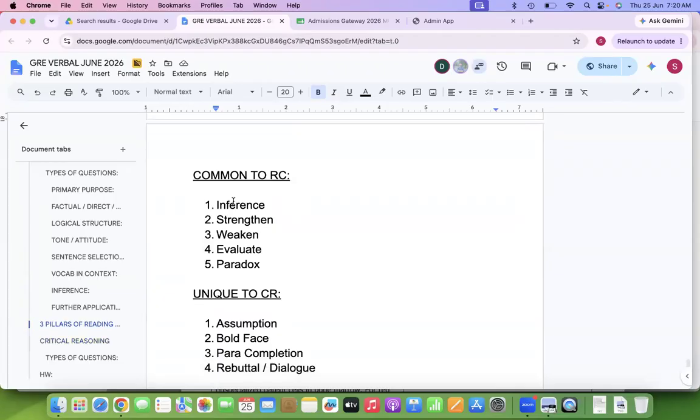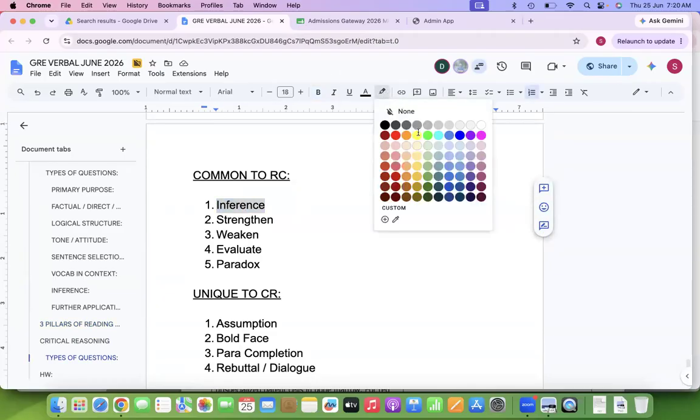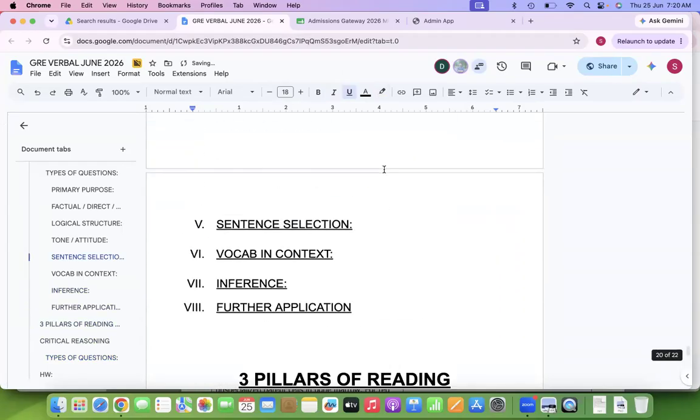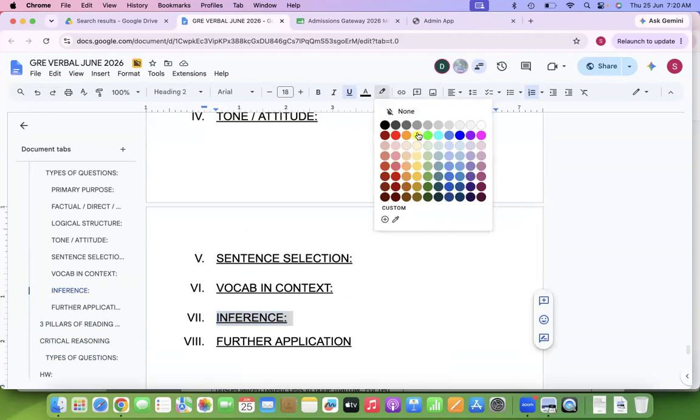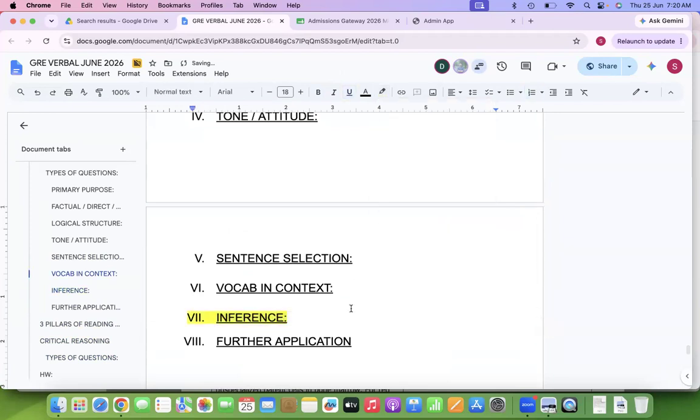So what we'll do today is something that is relevant across, which is inference. This is what we're going to pick up. From a weightage point of view, how many questions does it carry? The highest weightage is to this category because inference and related concepts will comprise of 50% at least of reading comprehension.